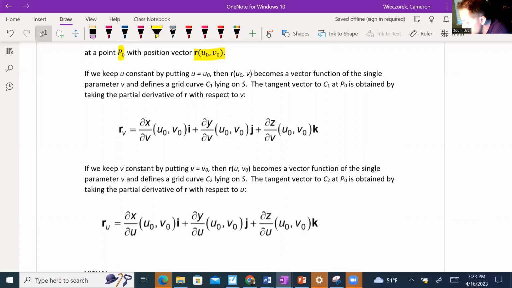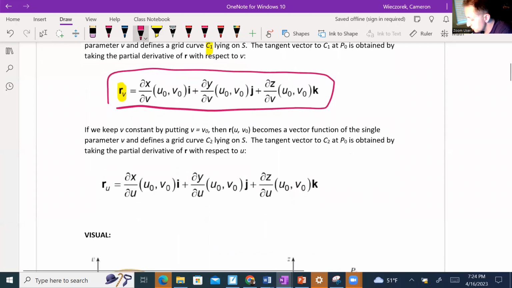And so we can take a partial derivative of this vector valued function with respect to v that has these components, partial x, partial v, partial y, partial v, partial z, partial v, at the point u naught, v naught. This vector valued function then just becomes a vector function of one parameter v, and it gives us a grid curve on the surface S, which we call C1. The tangent vector to C1 at that point is obtained by taking the partial derivative of r with respect to v, as shown here.